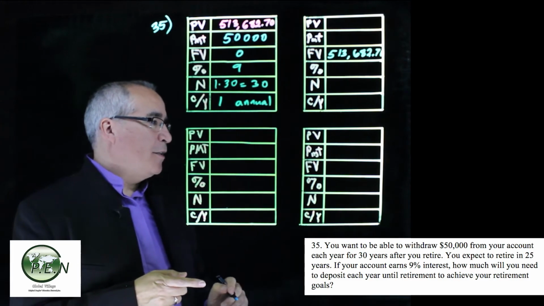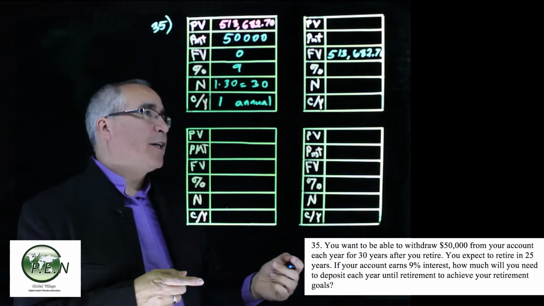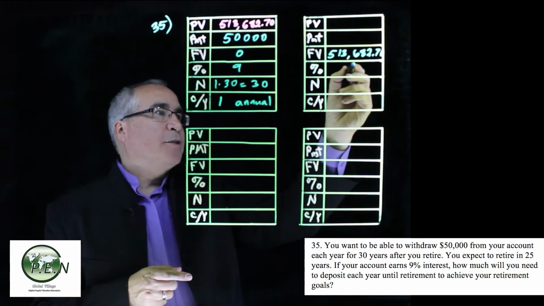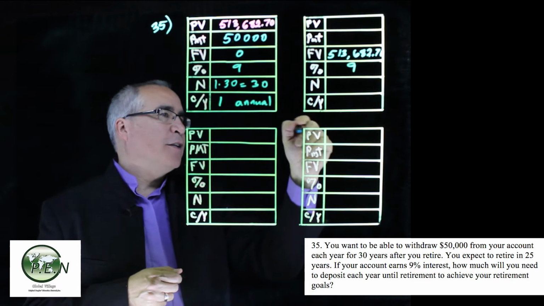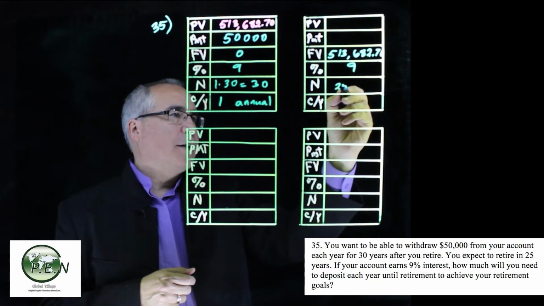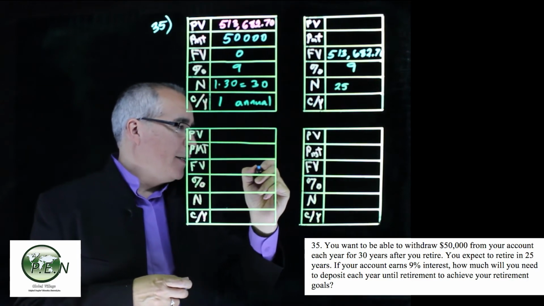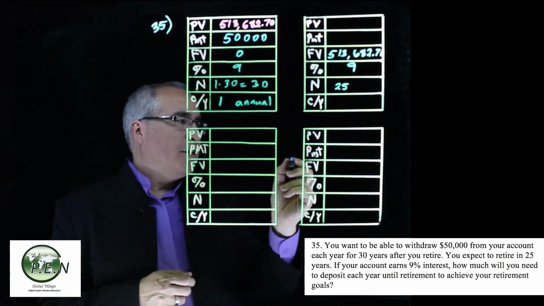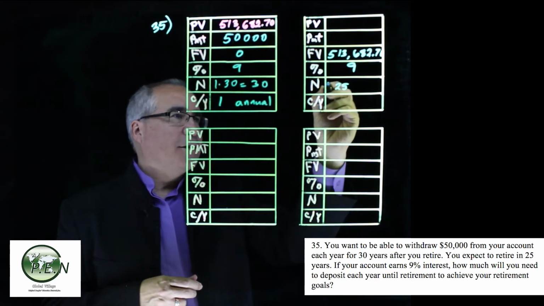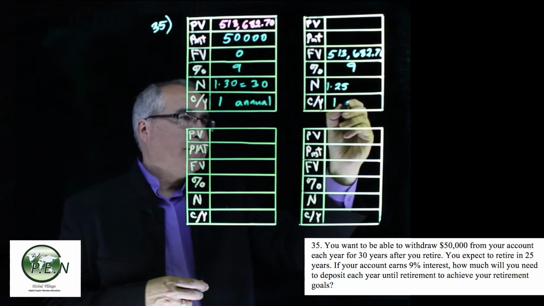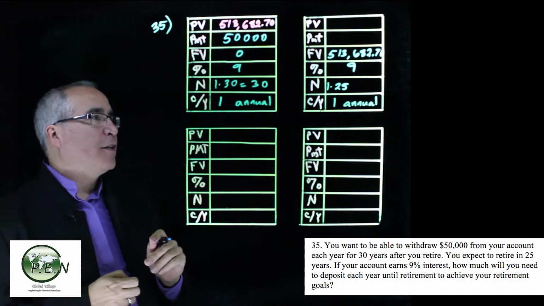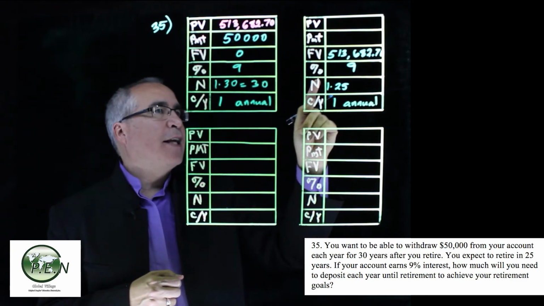So we put that into our future value. What else are we going to? We're still getting 9%. We've got 25 years until we retire. So we've got 25 years to make this happen. And we're going to need to save annually because everything else is annual. To get $50,000 a year, how much do we need to save?